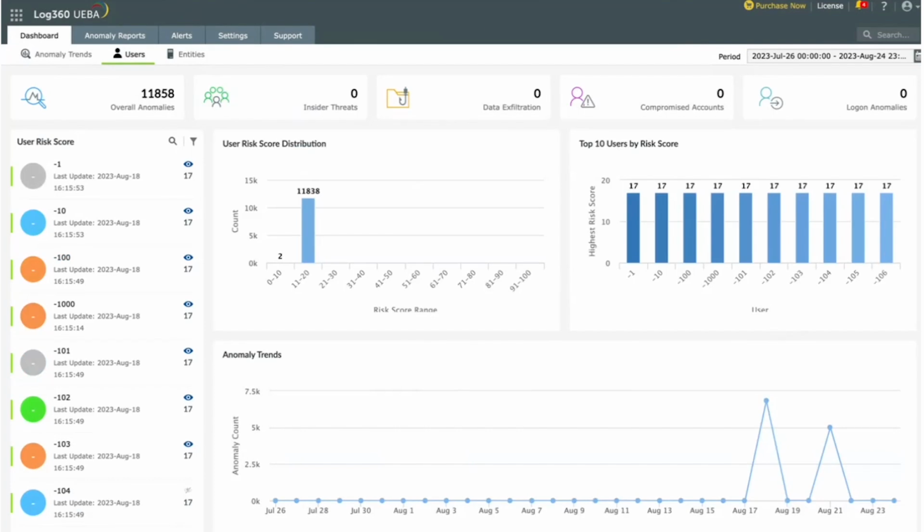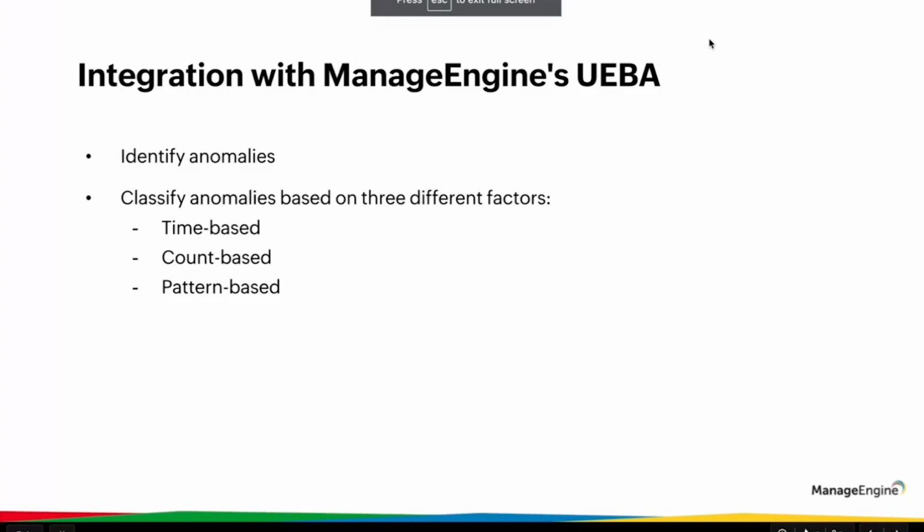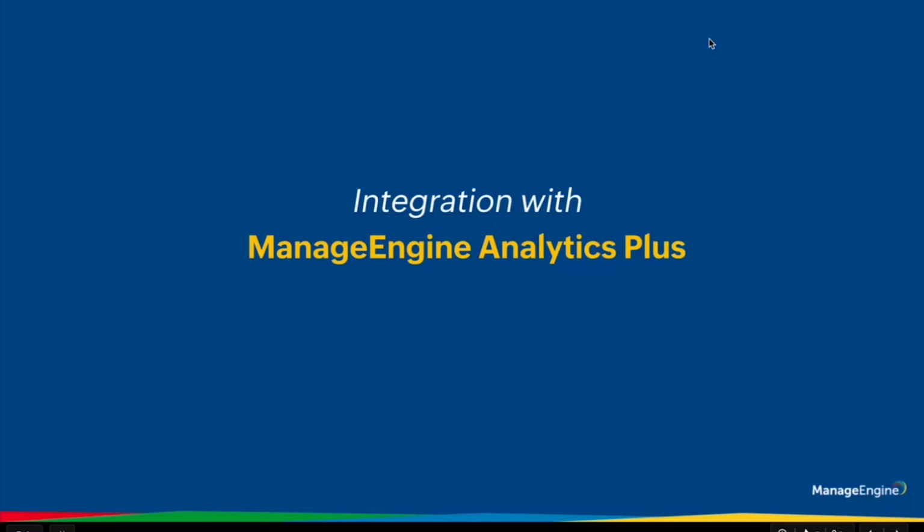So that's a quick overview of what you can do with respect to the integration with ManageEngine's UEBA. So what if you can visualize all these alerts and events, right? What if you can visualize these over a period of time to see if there is any particular pattern? So UEBA is helping you identify if there are any alerts happening in real time.